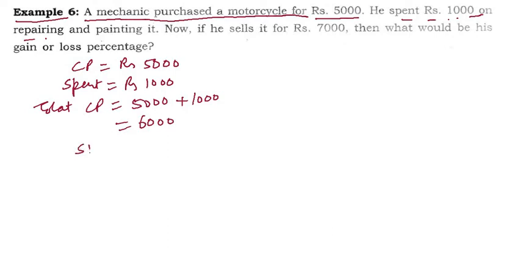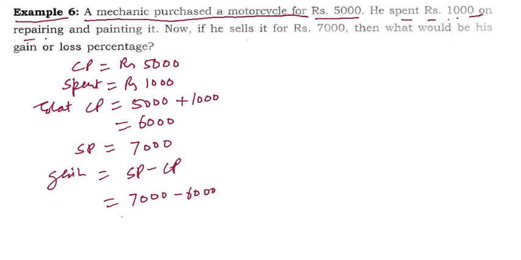Now SP is given, that is the 7,000. So gain is equal to SP minus CP. SP is what? That is the 7,000 and CP is total CP, so that is the 6,000. So we get 1,000. Yes.